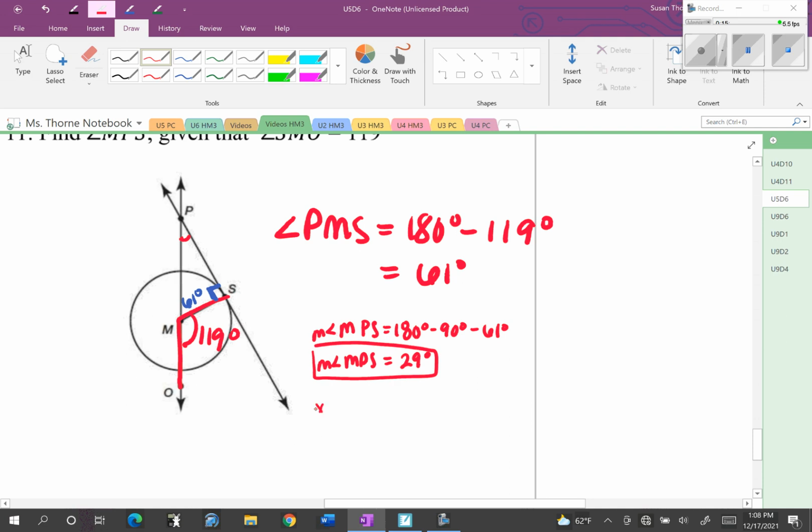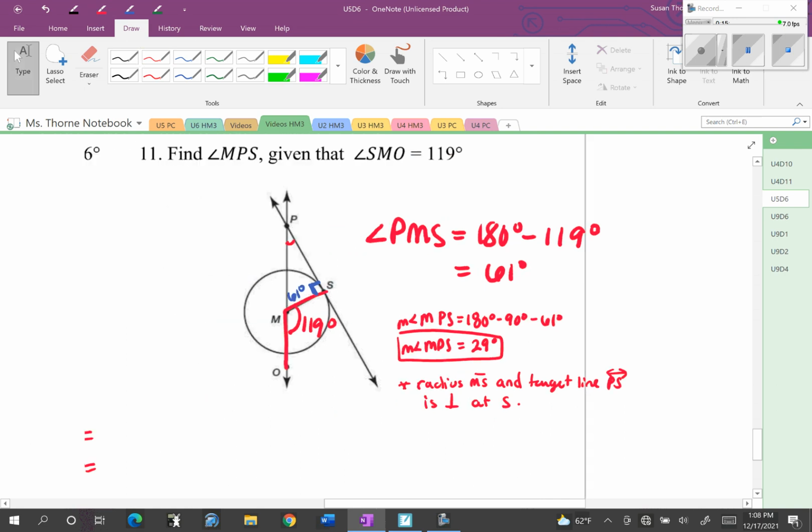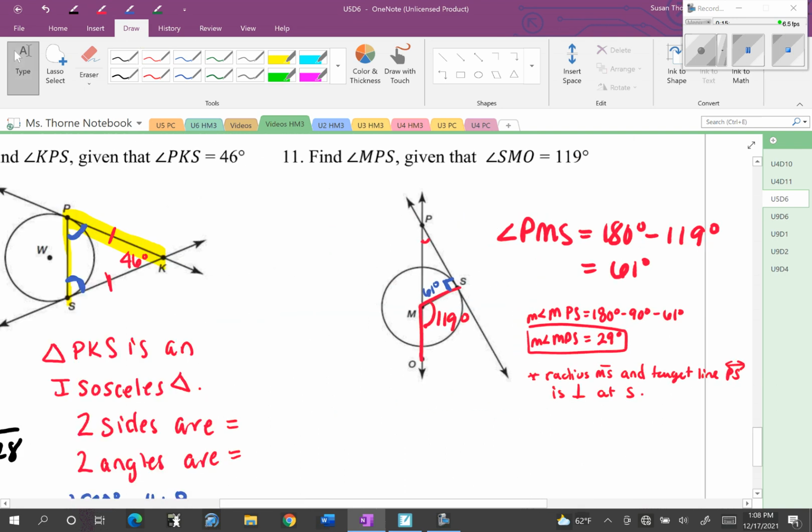And again, that was because we had a radius, which was MS, and a tangent line, which was PS. And it is, remember, perpendicular at the point of tangency, so at S in that case. And that is all for our properties of tangents.